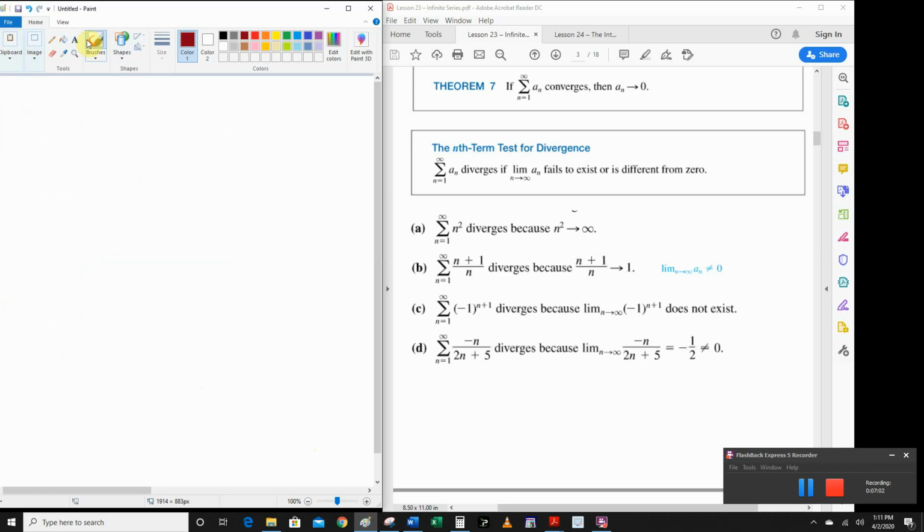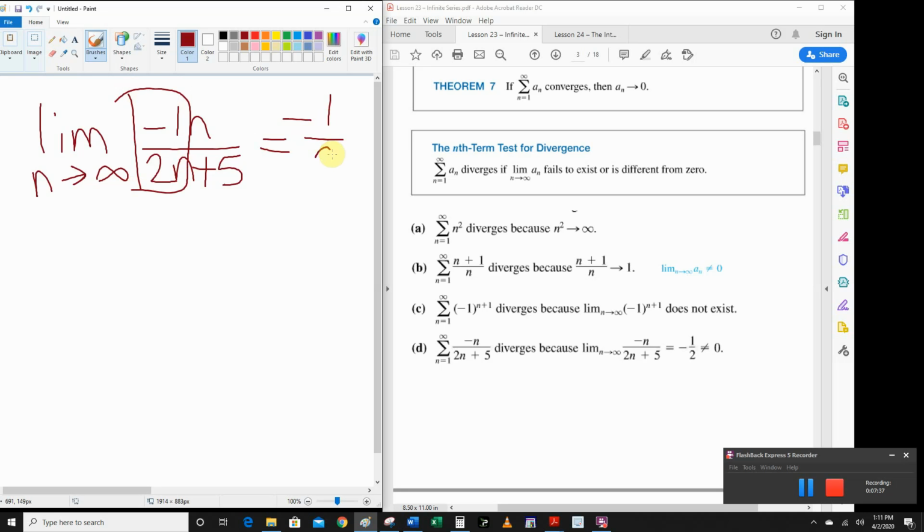Using the nth term test, we'll take the limit as n approaches positive infinity of our series -1n over 2n plus 5. And recall, when you take the limit as n approaches infinity, and if the numerator and denominator exponents are equal, to find the limit, you just take the ratio of the coefficients in front.